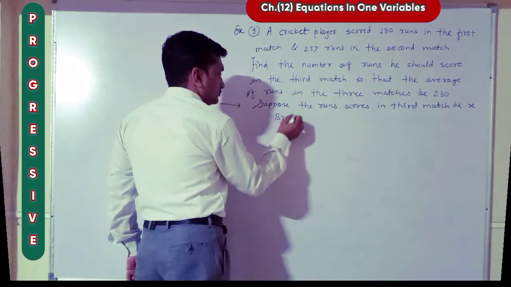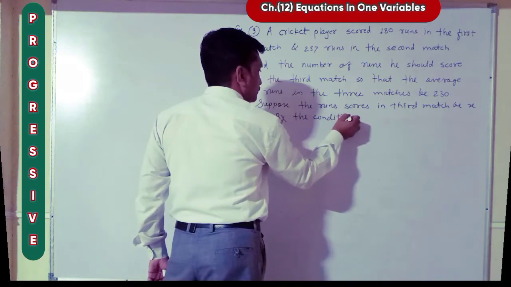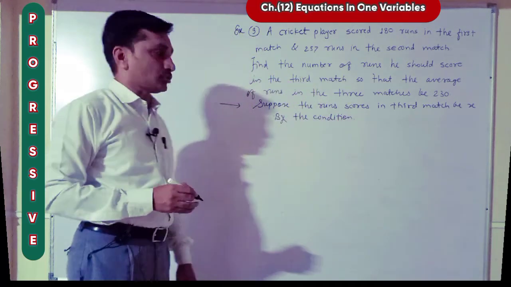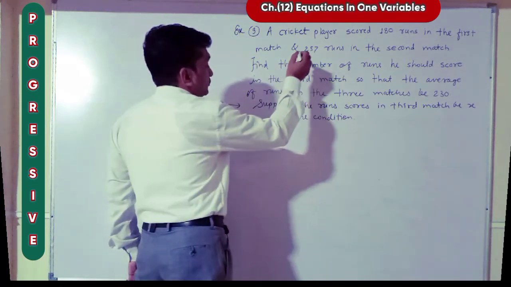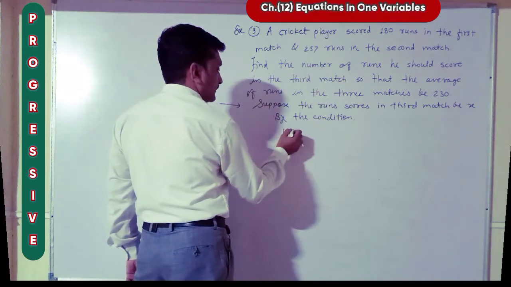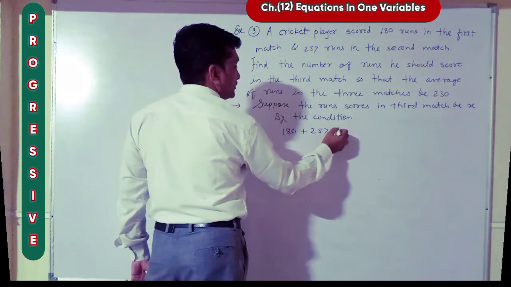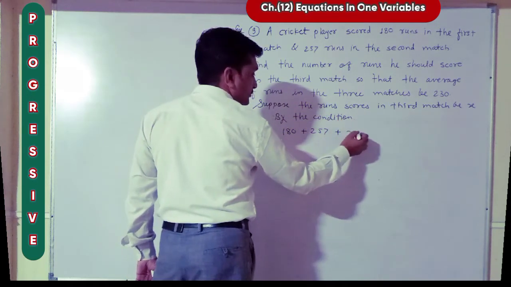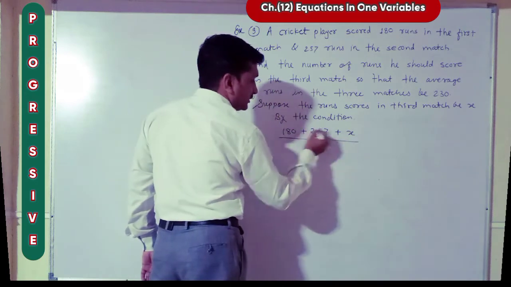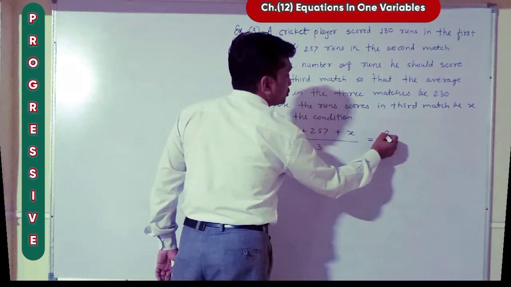By the condition, now here we have to use average formula. Now runs in first match 180 plus runs in second match 257 plus runs in third match we considered x divided by number of matches are 3 is equal to, and average is 230.